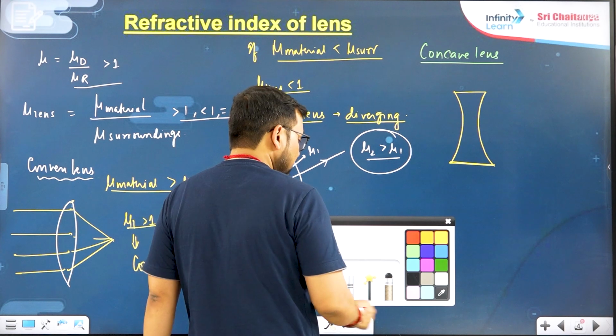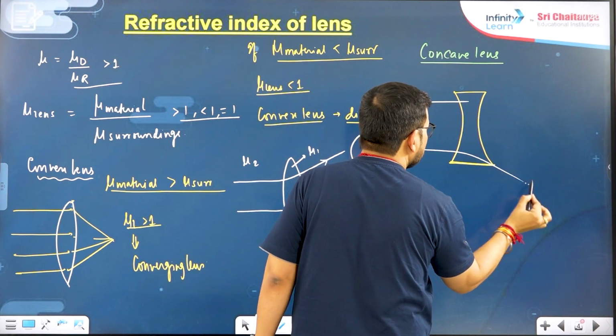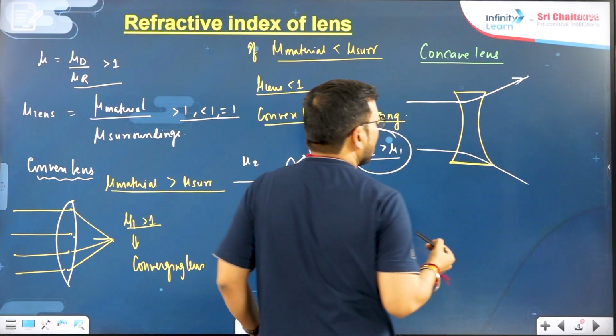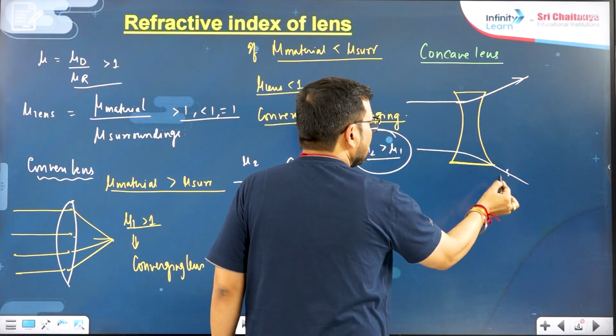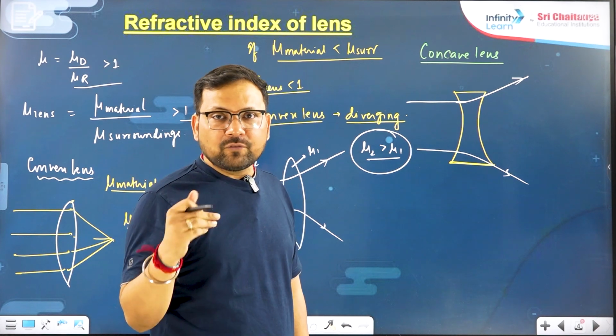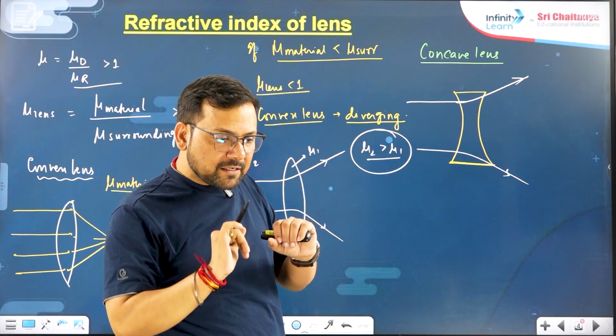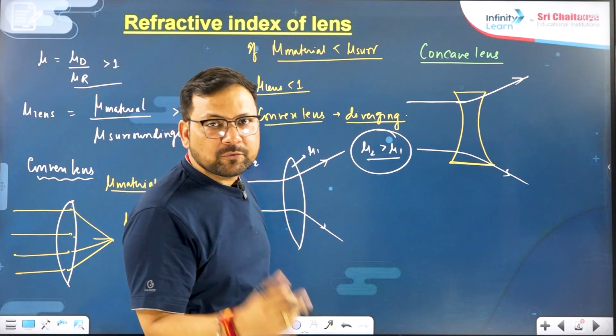So if I am doing that, what am I getting here? One ray is going, and that is going, and that is diverging. According to the law of refraction, if your rays are going away from the normal, it means you are into the rarer medium. So denser to rarer you are going, then it is away from the normal.